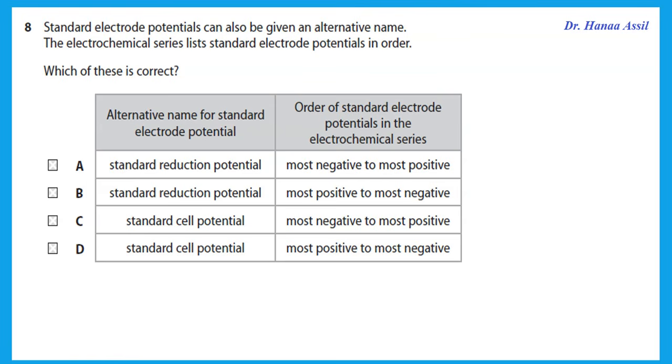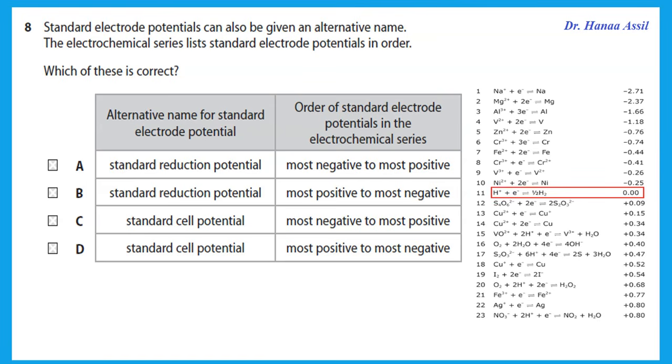Standard electrode potentials can also be given an alternative name. The electrochemical series lists standard electrode potentials in order. Which of these is correct? First of all, what is the alternative name for the standard electrode potentials? Remember that the list that you have here in the data booklet, for example, is a list of the reduction potentials.